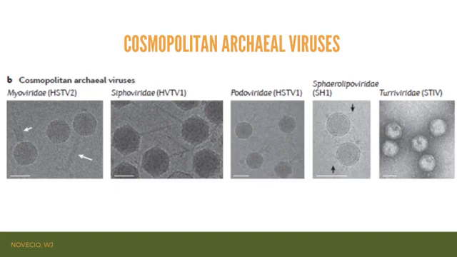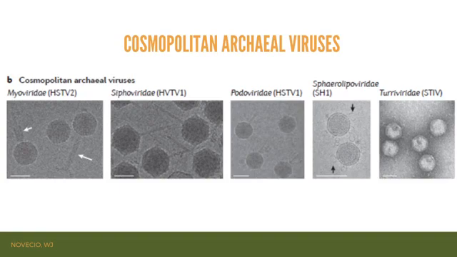The cosmopolitan viruses of the archaeal virosphere include head-tail viruses, viruses with icosahedral capsids and helical appendages attached to them, of the order Caudoviricetes, and tailless icosahedral viruses of the families Sphaerolipoviridae and Turriviridae.